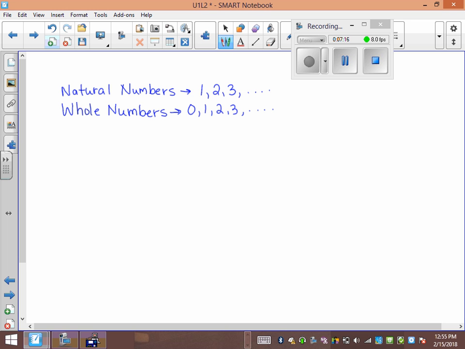Then we got older and we got into junior high and they started telling us there's negatives and life started getting a little more rough. So they're called integers. The great thing about integers is still no decimals, right? So it would be start from negative infinity, -3, -2, -1, 0, 1, 2, 3, and onward.